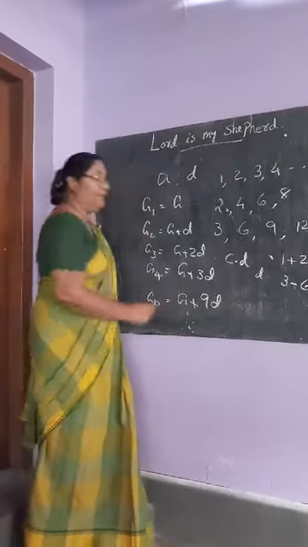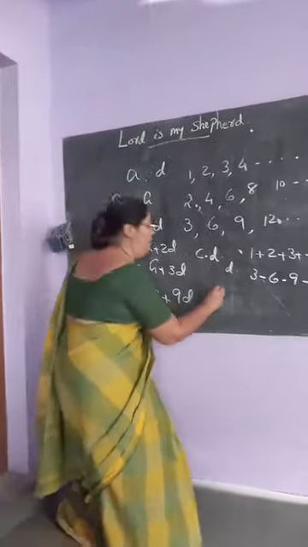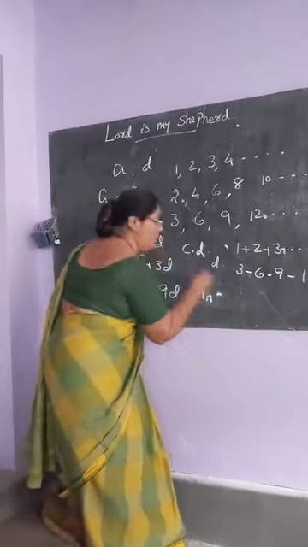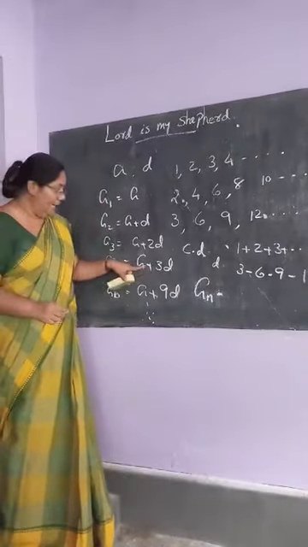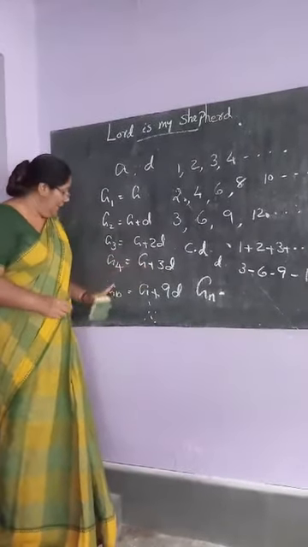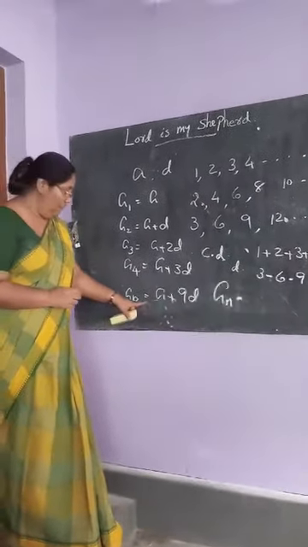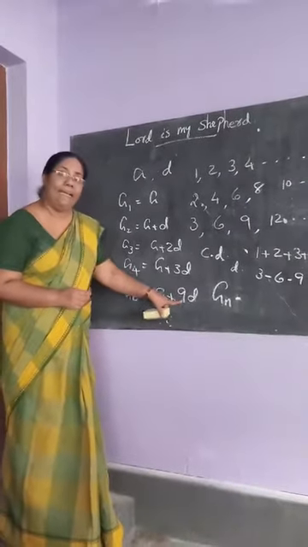Etc. The nth term of an AP, An, is equal to, if it is A4, we write A plus 3D. If it is A10, we write A plus 9D.